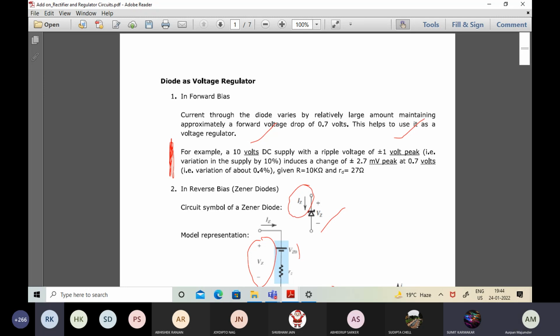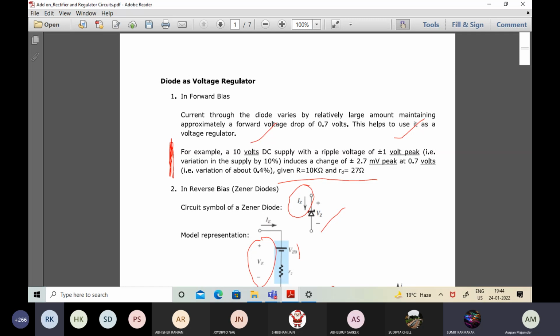Now that induces a change of what? As we all know, under forward bias, whether it is a Zener diode or a normal diode, the forward biasing voltage at which the current conduction is appreciable is around 0.7 volts. According to the diagram, R equals 10 kilo ohms and RD equals 27 ohms.